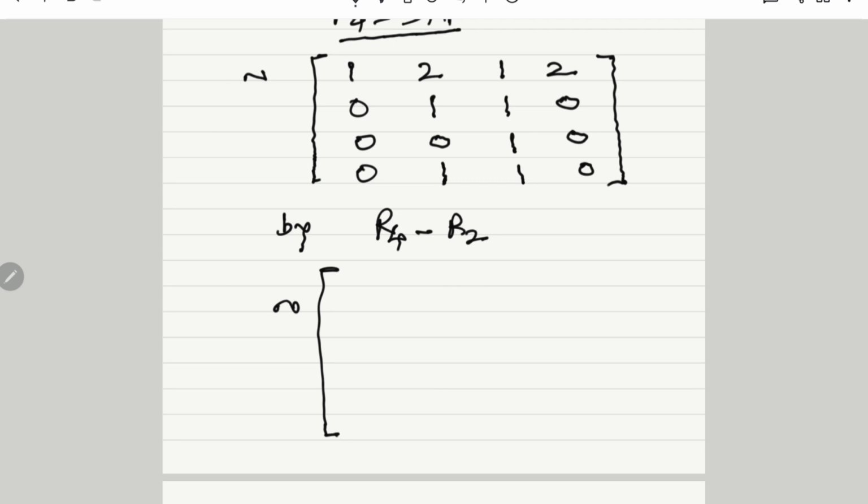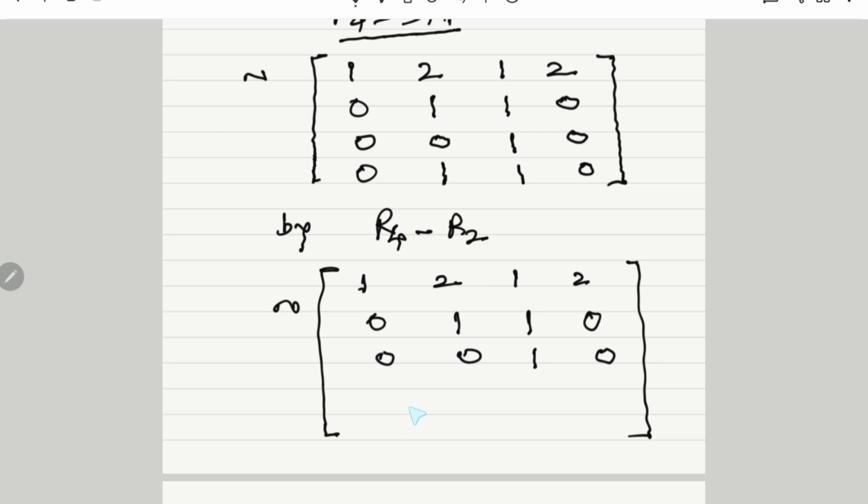Therefore we have no change in the first, second, third row, only change in the fourth row. 1, 2, 1, 2, no change. Then 0, 1, 1, 0, then 0, 0, 1, 0, no change.